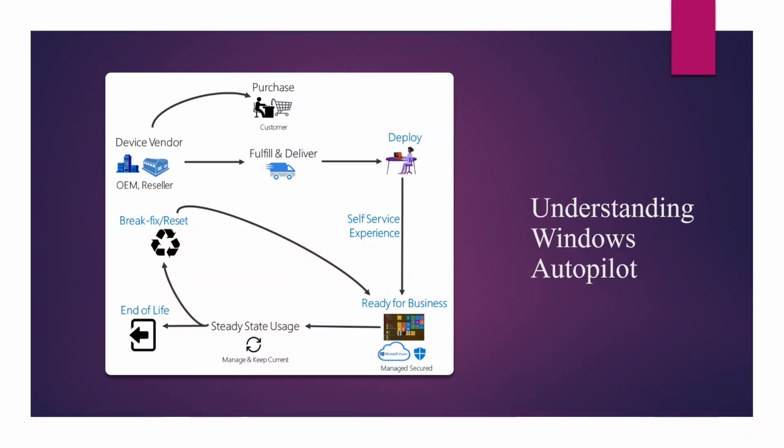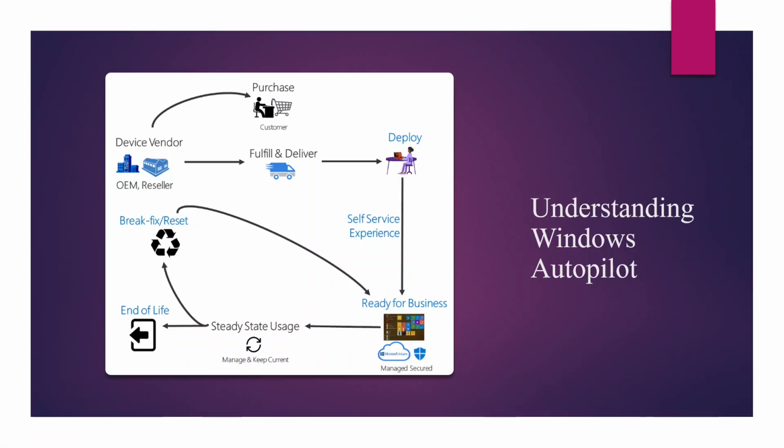Additionally, if a device is stolen, Intune gives the capability to wipe the organization data from that device. The curved arrow in the image shows that once the device is ready, it returns to its steady state, ready for business, and can be reused.